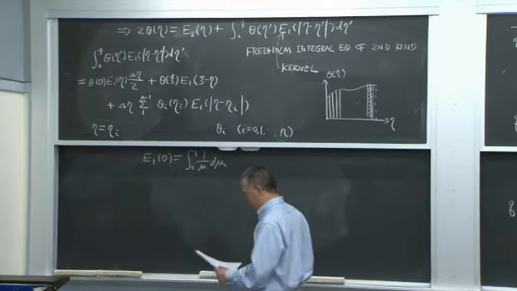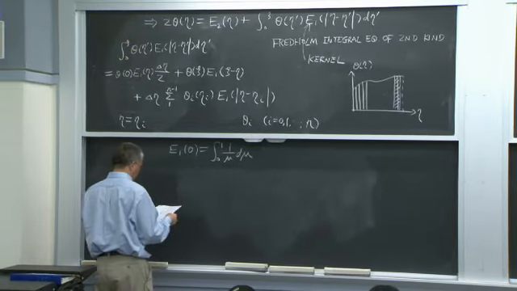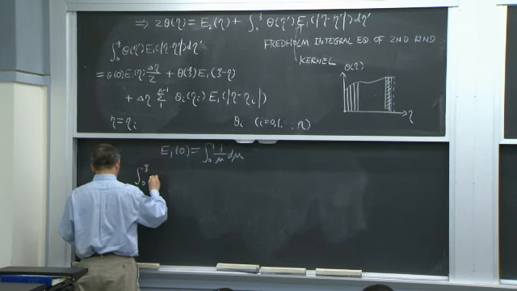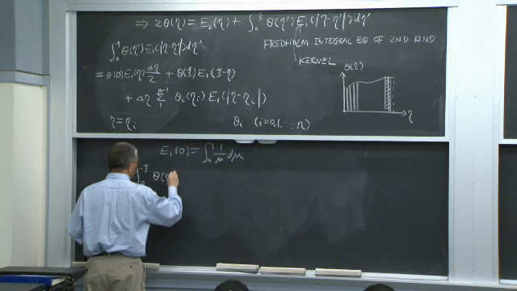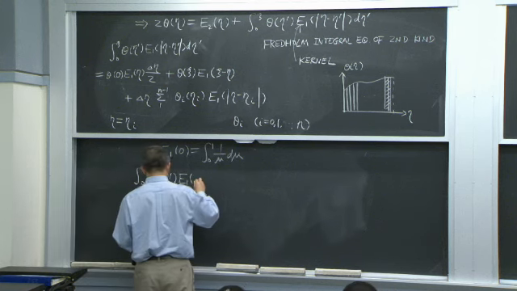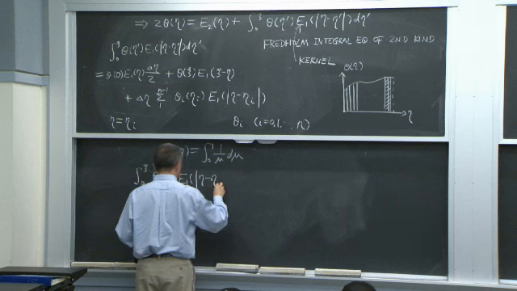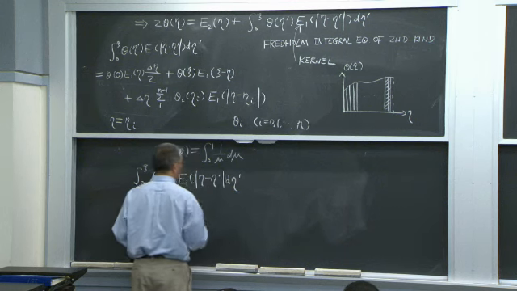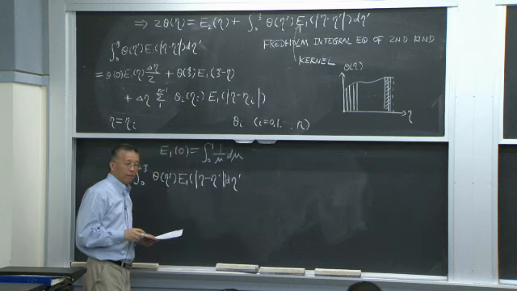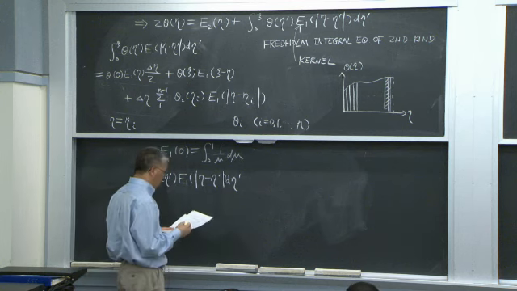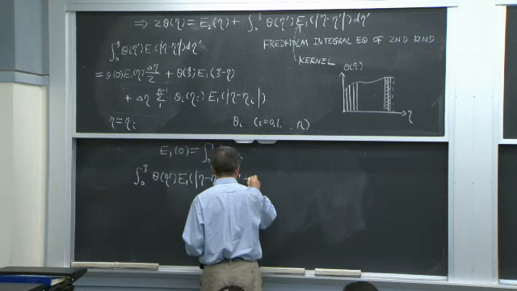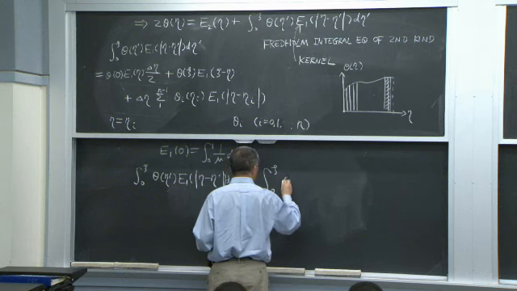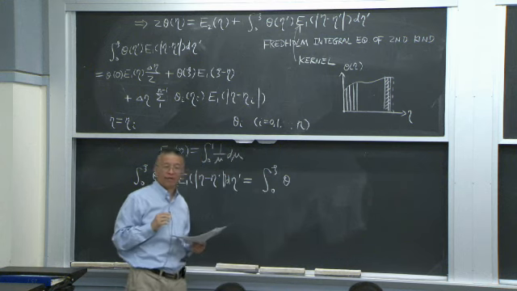So the trick is this. We have the integral from 0 to eta of theta eta prime E1 of eta minus eta prime d eta prime. That's what we want to do numerically. What I'm going to do is subtract this point out.